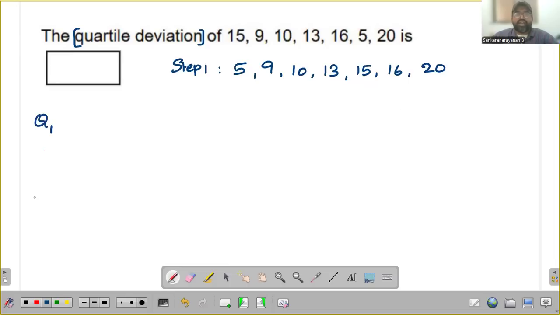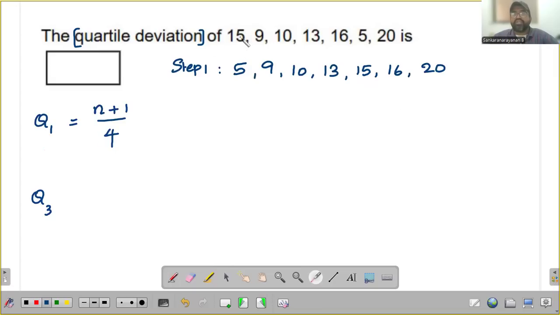I need to find the value of the third quartile. I want to find out what is Q1 and what is Q3. What is the first quartile? Very easy: n plus 1 divided by 4. That's what you should do to find the first quartile.